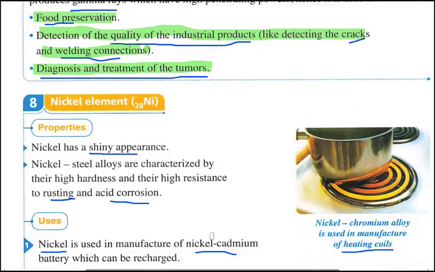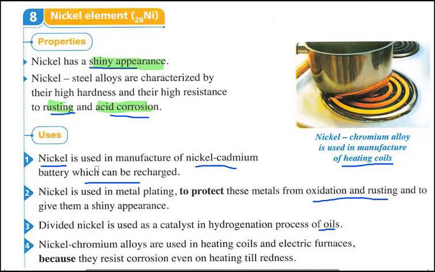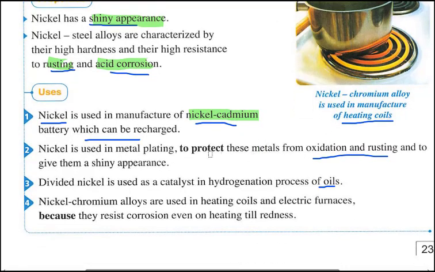Okay, nickel, it has a shiny appearance, withstands rusting and corrosion and the effect of acids. Okay, so nickel is used in nickel-cadmium batteries, which can be recharged. Nickel can be used in plating some metals to protect them against oxidation and rusting, and to give these metals a shiny appearance.